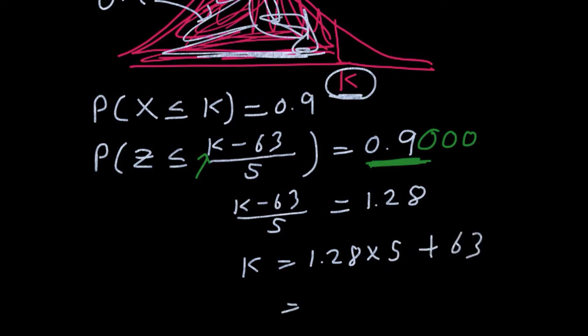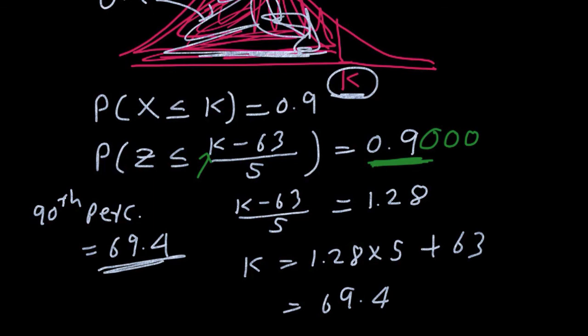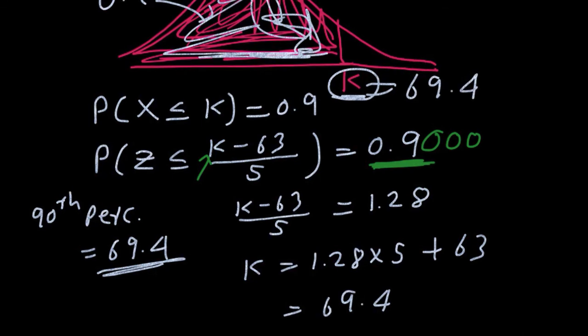So this equals 69.4. Therefore, our 90th percentile is 69.4. What is this 69.4? This is the k value. 69.4. Alright. Thank you for watching this video.